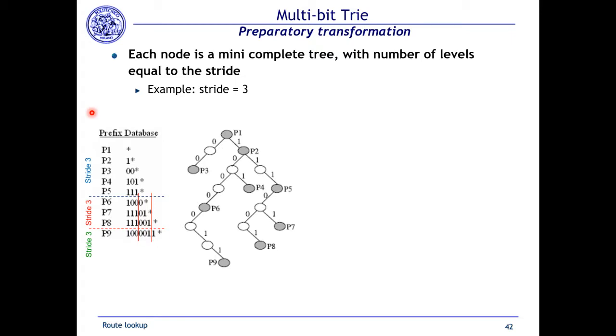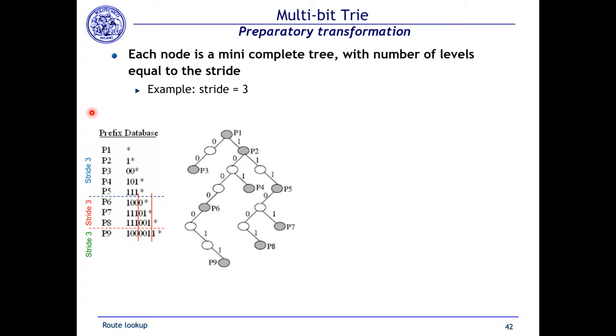Therefore we can also divide the prefix database into subsets according to the length of the prefixes. First, on the top, all the prefixes that have a length equal or less than 3. They will all be represented in the first node having a stride of 3.